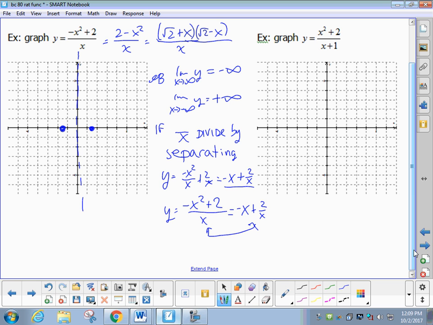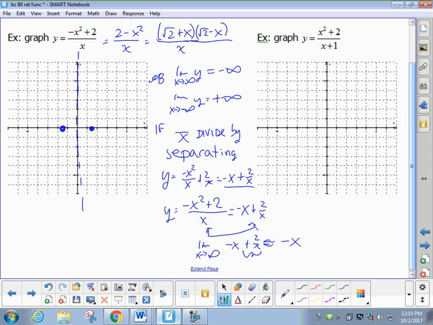Look at this. The limit as x goes to infinity of negative x plus 2 over x. Don't focus so much on this. Focus on this. As x goes large, that remainder goes small. And so this will start to approach just negative x.